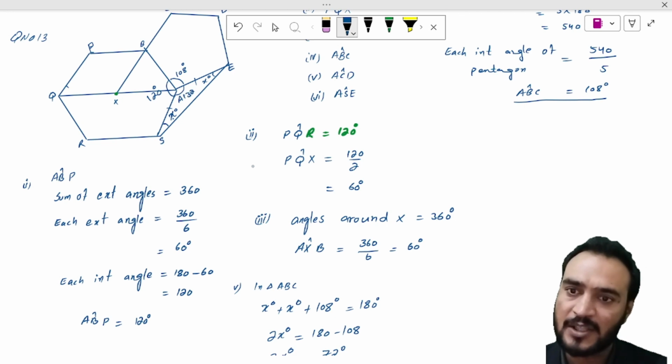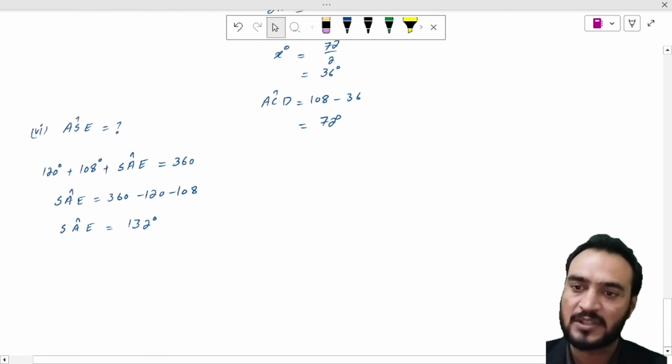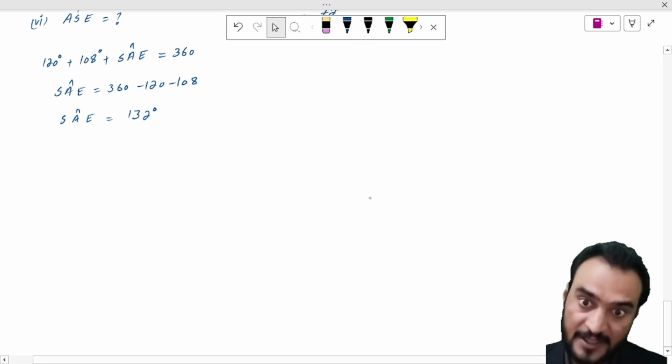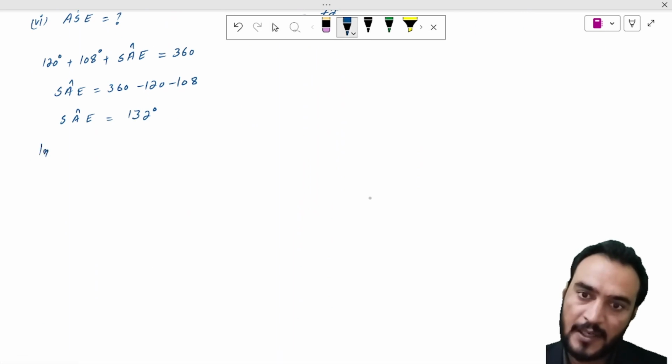Now we consider the triangle SAE where two angles are x degrees and one angle is 132 degrees. We put this sum equal to 180 degrees. So in triangle SAE, we have two angles x degrees plus x degrees, and the angle at point A is 132 degrees.